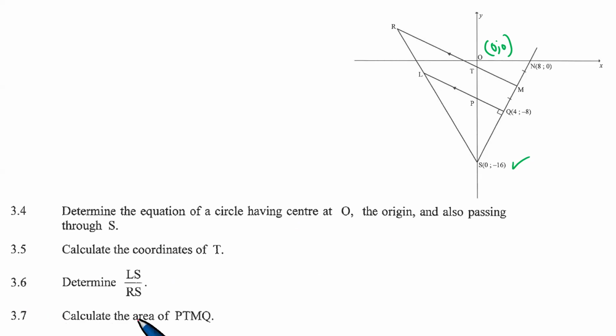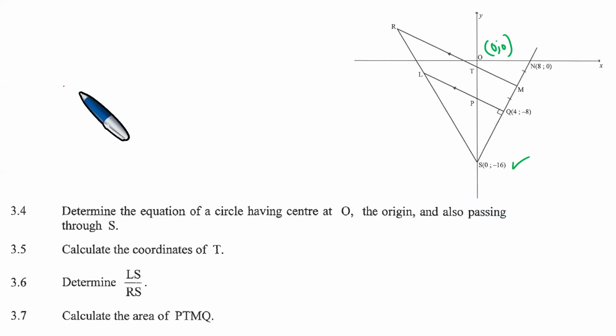So what do we have? To find the equation of a circle having center the origin, and also passing through S, what is the equation of this circle?